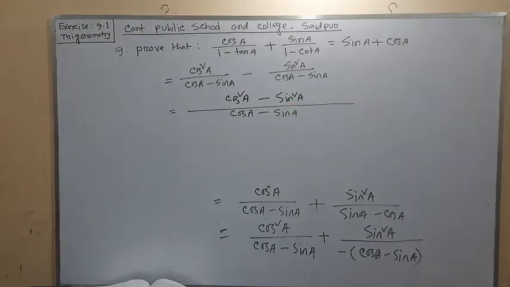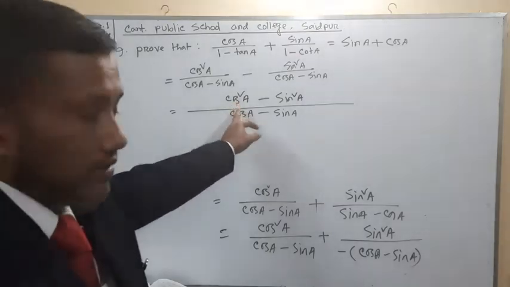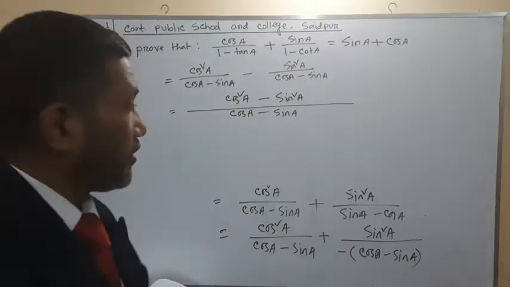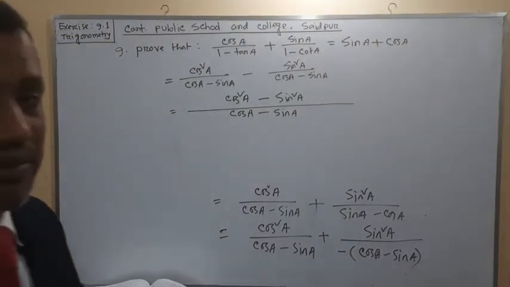Dear learner, we are seeing here in the numerator cos square A minus sin square A. This is of the form a square minus b square formula.